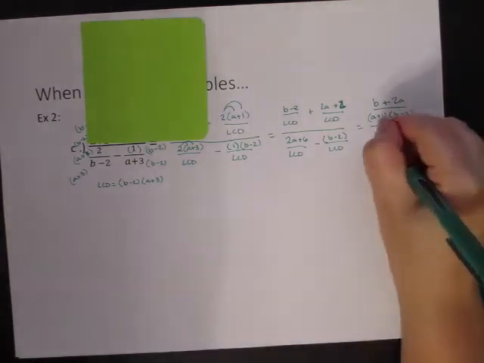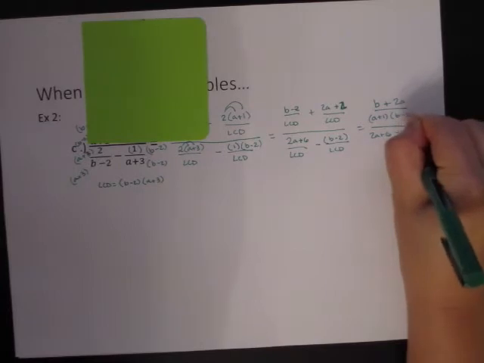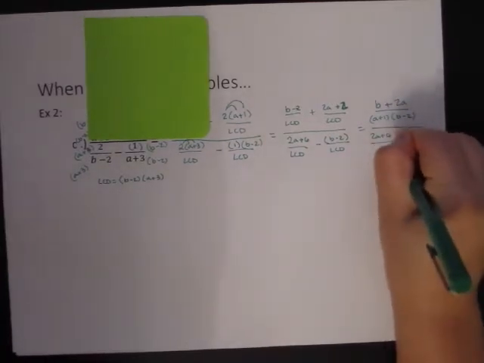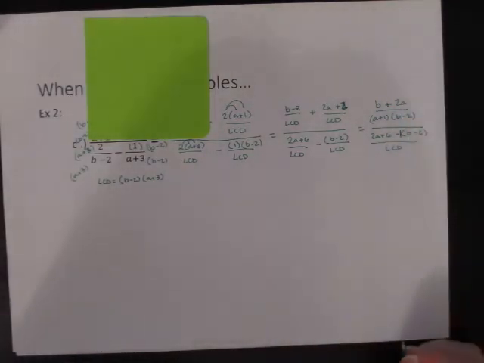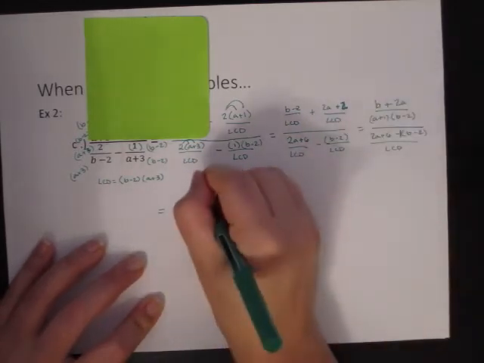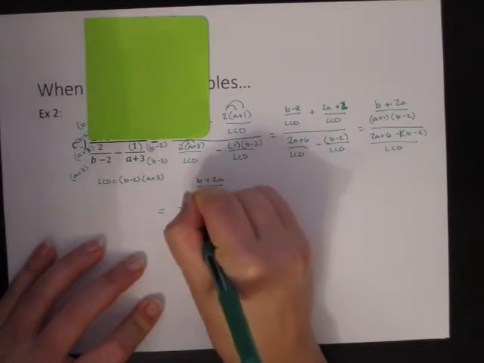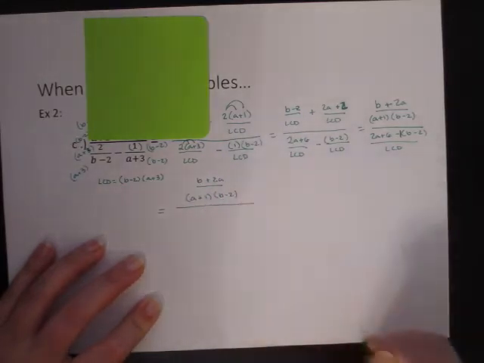So here, I'm going to have 2a plus 6 minus b minus 2 over my LCD. Now remember, this is just like having an imaginary 1, so we have to distribute that one in. So I'm going to come over here, I'm going to write my original numerator, so b plus 2a over a plus 1 and b minus 2.